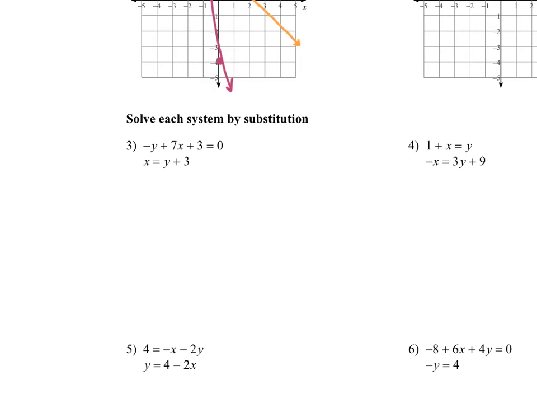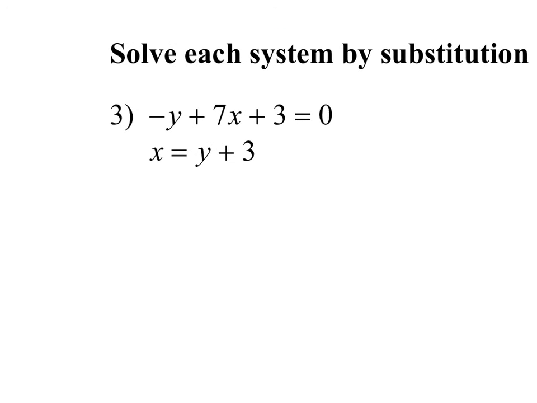All right. Number 3, solve each system by substitution. Here we're looking for either x is equal to something or y is equal to something. We have x is equal to this. So we're going to take y plus 3 and plug it in for x. We don't need to move anything around.